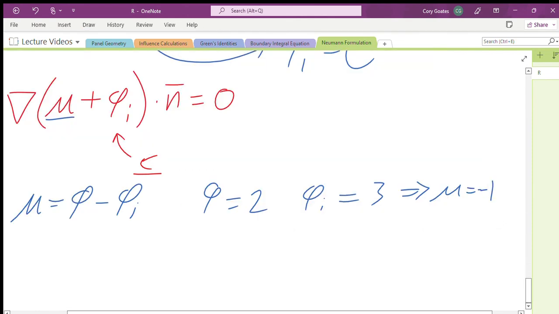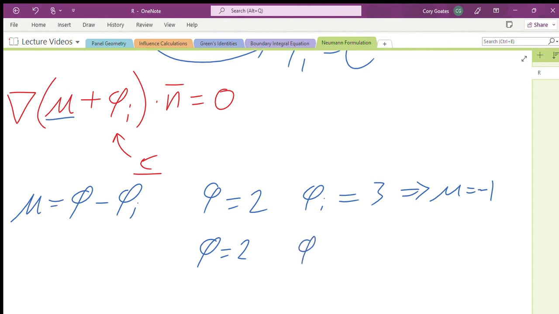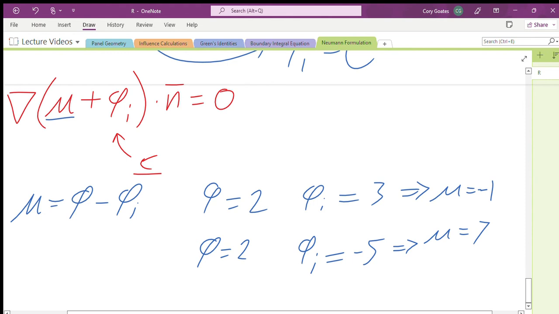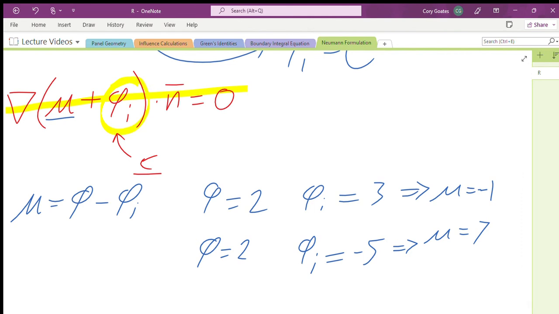Okay? Well, but if phi is still 2, or again, we have no arbitrary constant, phi is fixed, but now for some reason our arbitrary constant phi sub I is negative 5, well then that implies that mu is equal to 7. So there's no unique solution to this. There's an infinite number of solutions that satisfies this equation right here, simply because there are an infinite number of inner potentials that satisfy our equation.